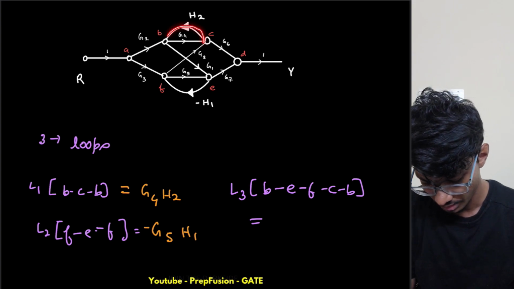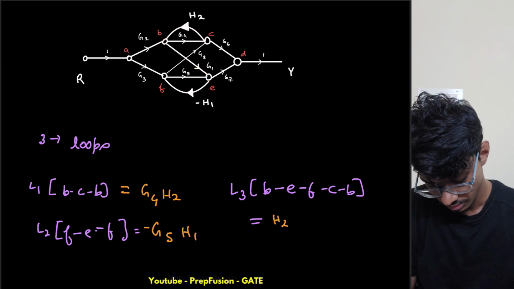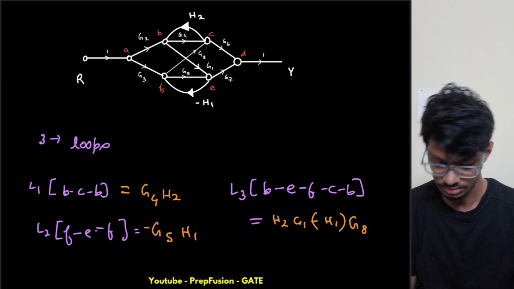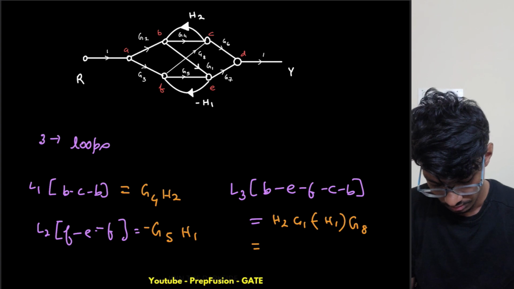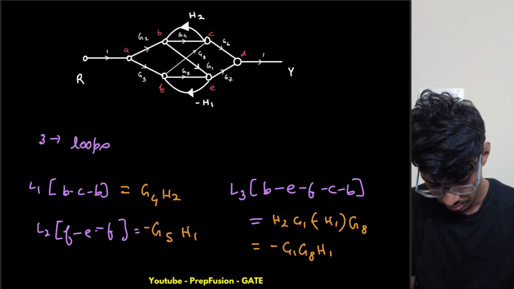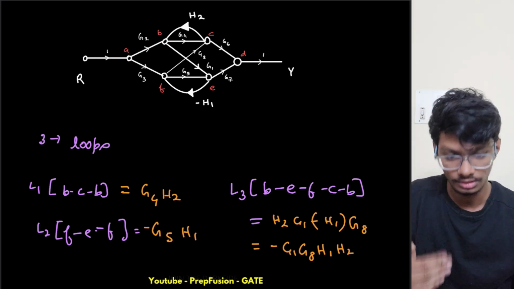This is H2 G1 minus H1, and G8. So minus of G1 G8 H1 H2, okay? So this is the third loop.